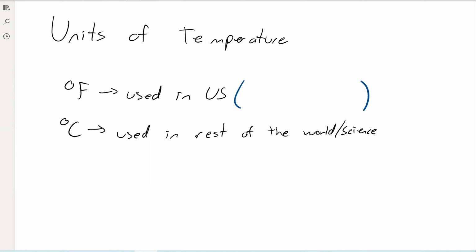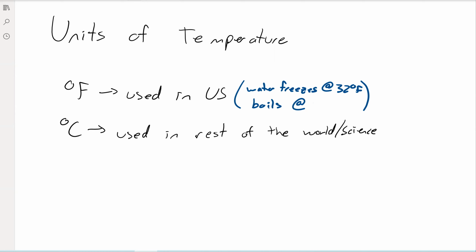And just to give you some relations, in degrees Fahrenheit, water freezes at 32 degrees Fahrenheit. So if you live in some place that gets that cold, if it's below 32, we might see some snow. Southern California, we don't really deal with that too much.